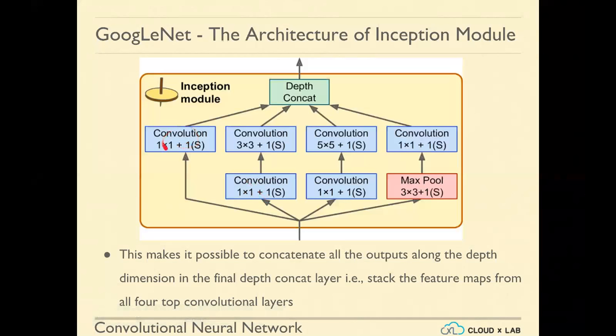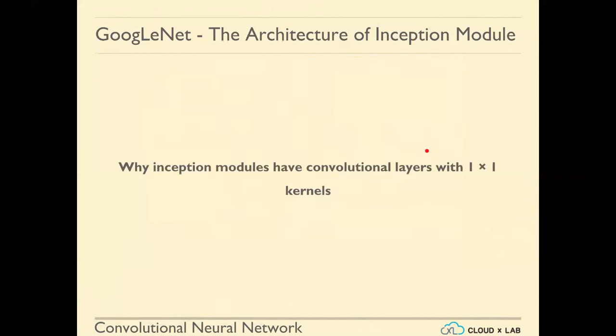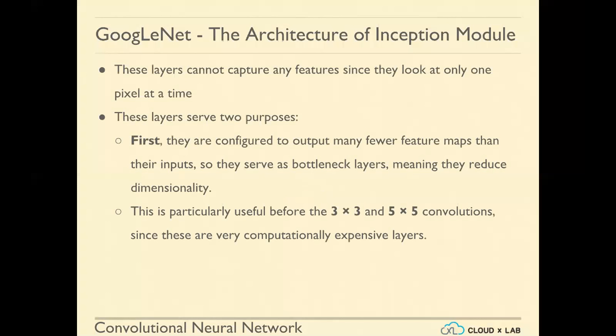Here also, we are just using one pixel at a time, and so on. Question is why? Why do we have convolution layers in the inception with one by one kernel? These layers cannot capture any features since they look at only one pixel at a time.